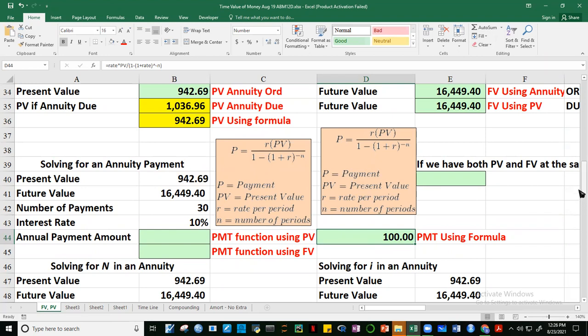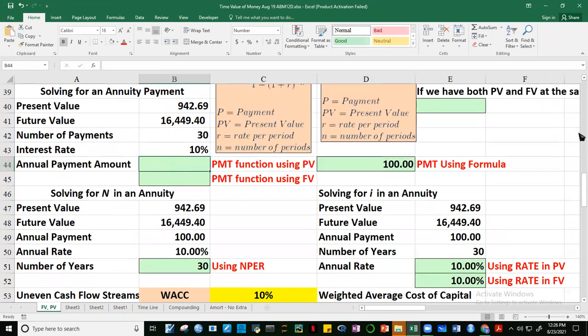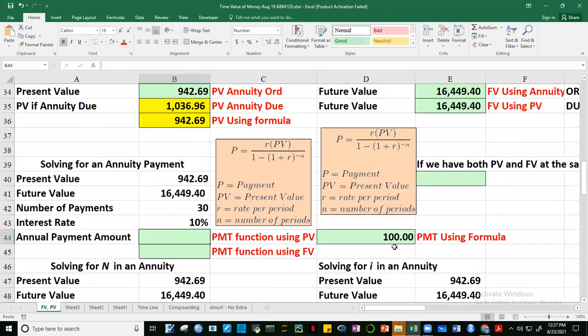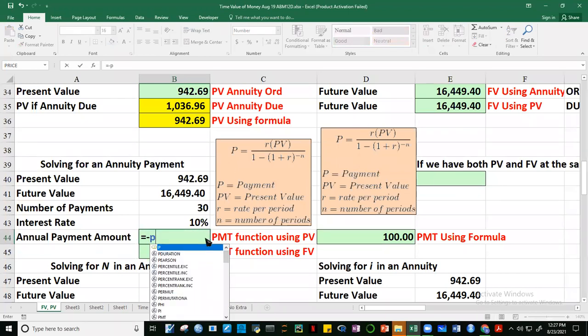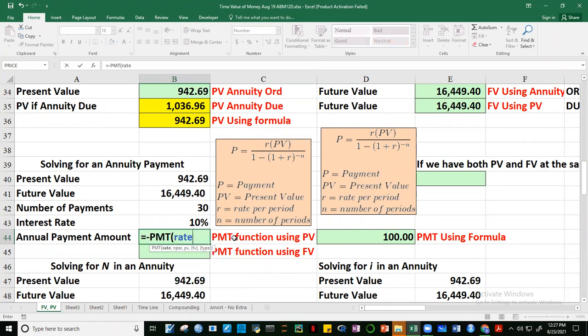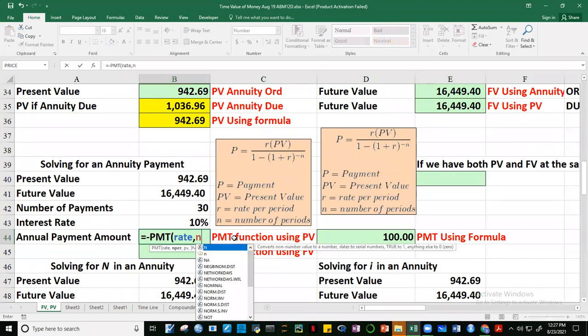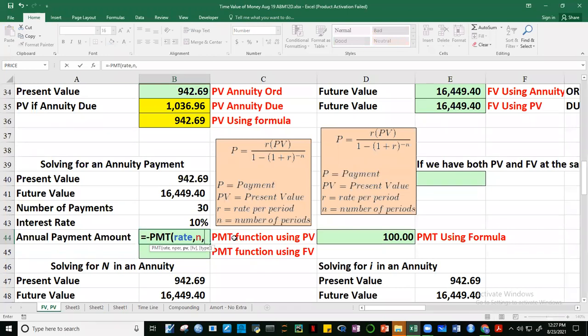Okay, dito naman, let's use the PMT function using the PV, and here we use the PMT using the FV. Okay, so write natin, negative PMT, ang rate natin, guys, gamitin natin yung mga pangalan, rate, then comma, n per natin is n, comma, let's use the present value.